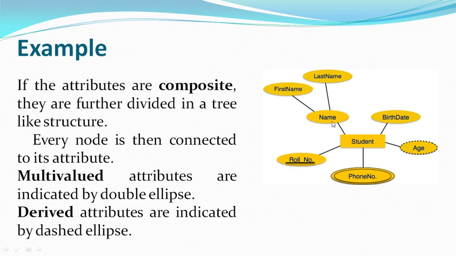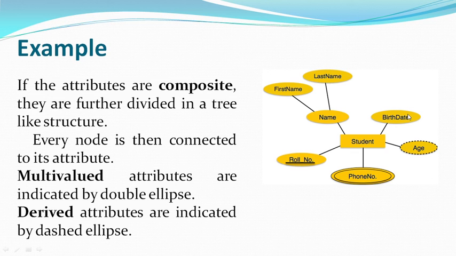Here name, birth date, age, phone number, roll number, all are the attributes of the entity student. These attributes describe the properties of the entity. Here roll number is a primary key, so it is underlined.